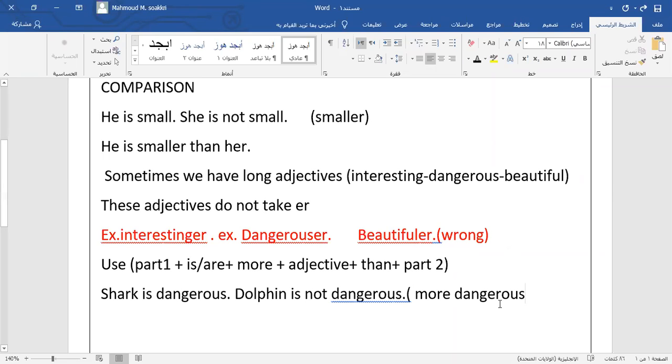So it is going to be part 1, shark. Shark is singular, takes is. And then I put more because adjective dangerous is long, it doesn't take ER. Then I put the long adjective, dangerous. Then I put part 2, which is dolphin. Shark is more dangerous than dolphin. Now let's go to our examples.